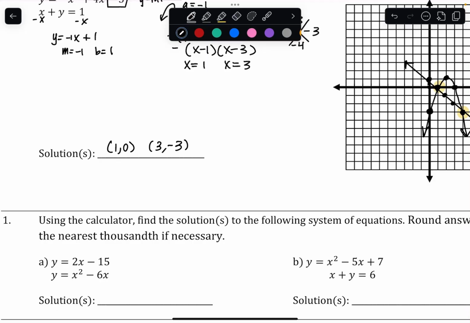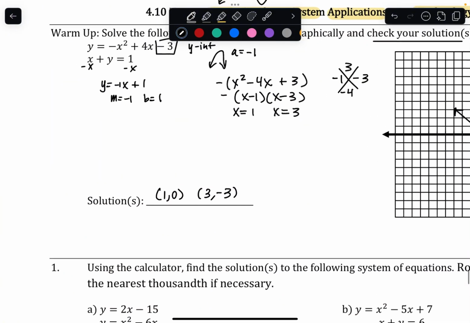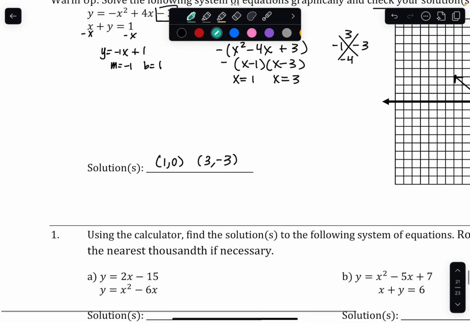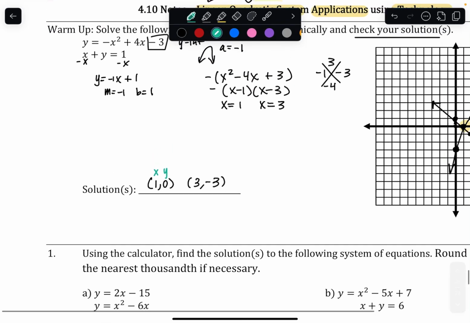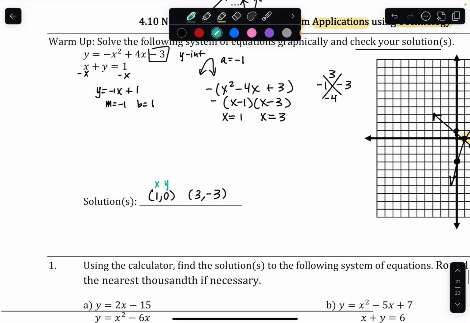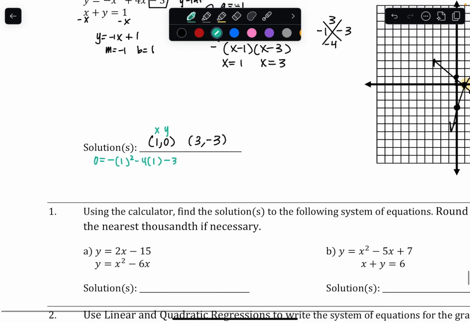To verify these solutions, we can plug them back into our original equations. Starting with (1, 0), 1 would be our x, 0 would be our y. Looking at the quadratic, 0 equals negative x squared minus 4x minus 3, filling in the 1 for x.